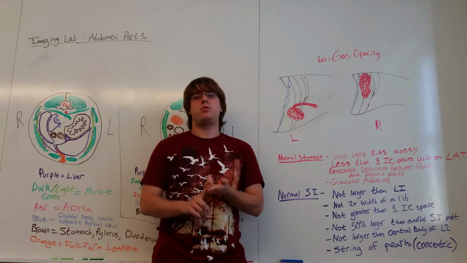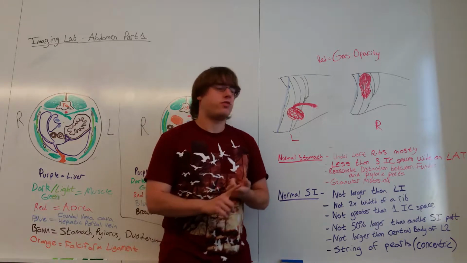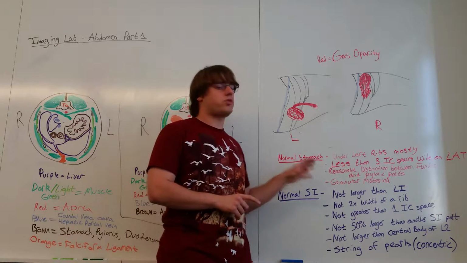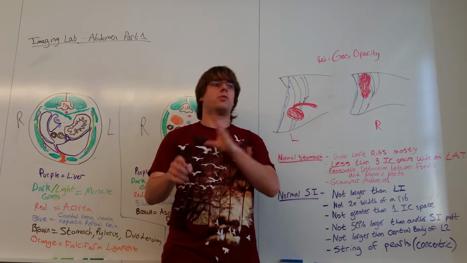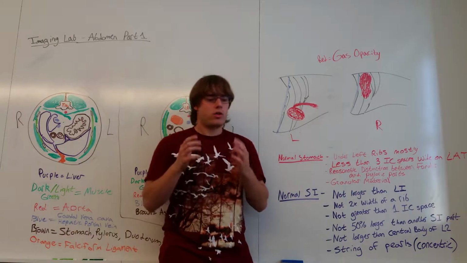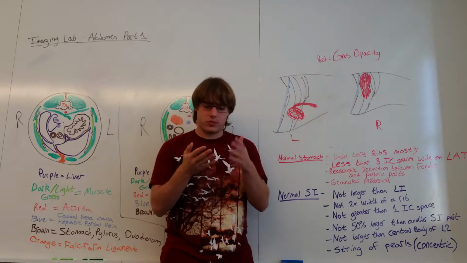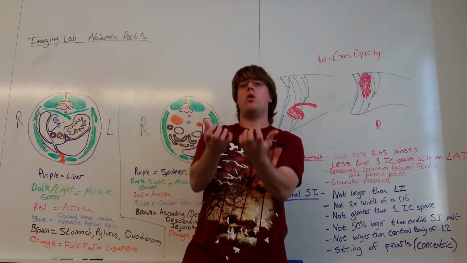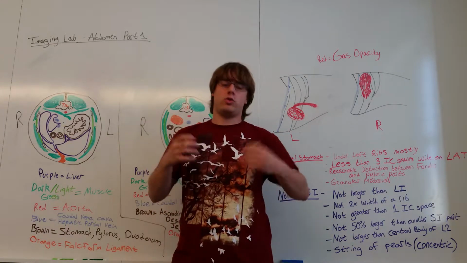So the large intestine is much more subjective than the stomach or the small intestine, which have set ground rules for interpreting their health. With the large intestine, first of all, you know where the major parts of the colon should be.